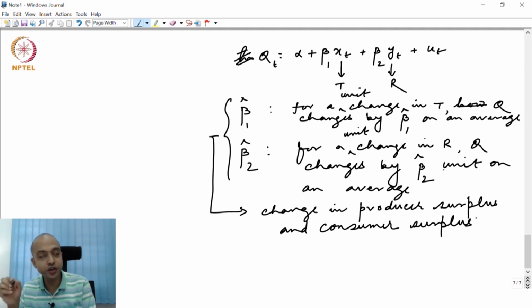Why do producer and consumer surplus both change? Because as production changes, it will have some impact on price level. So that will lead to either more profit to the producer or less profit to the producer. That is why producer surplus will change. Consumers will also pay either a high price or a low price depending on what type of production change happens. If there is more production, then consumers will be able to pay less.